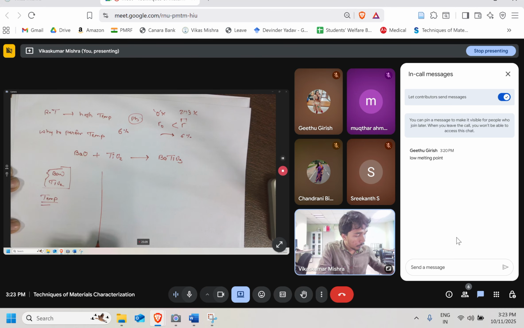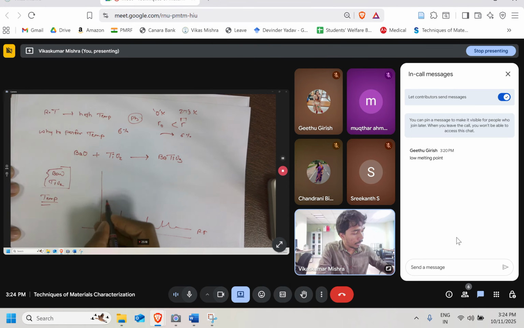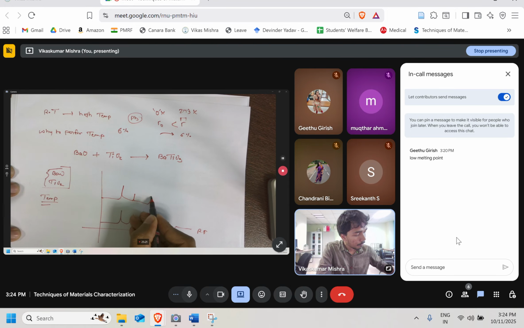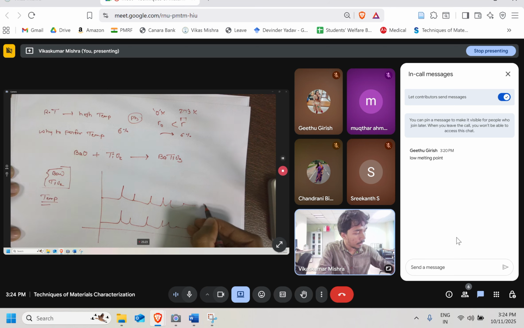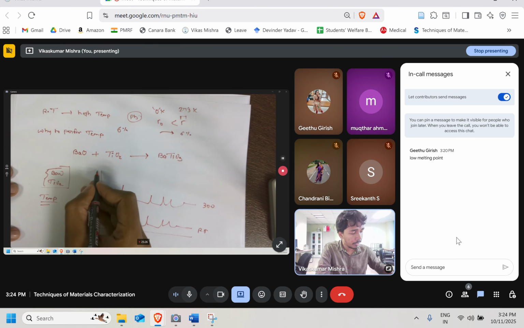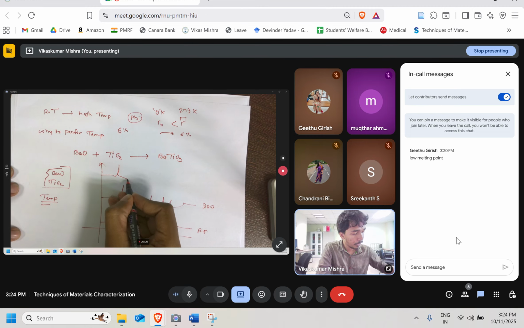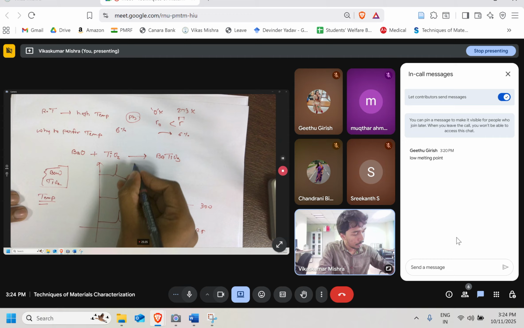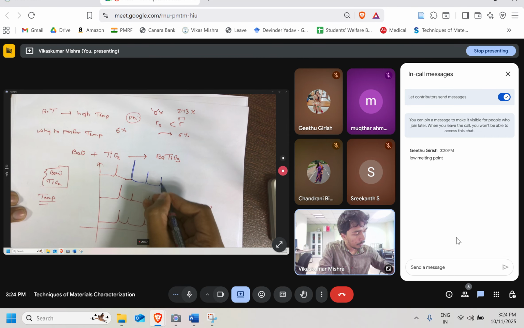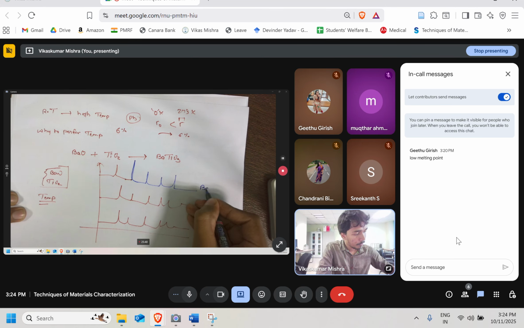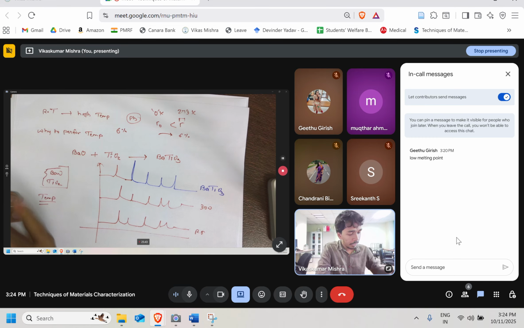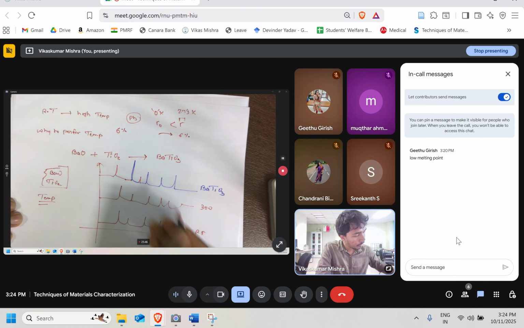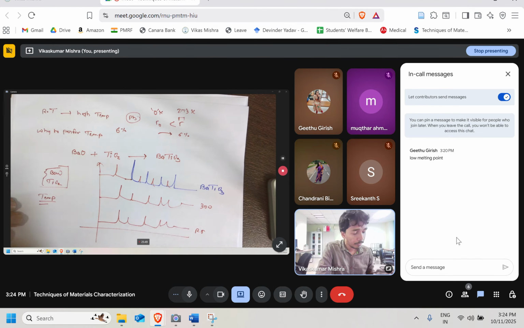In that way, you can take the XRD pattern. Let's say this is at room temperature. Now you can take the XRD pattern at, let's say, 300, or you can increase the temperature based on your step size. And you might find that at high temperatures you will see the peaks of BaTiO3, and some of the original peaks may still be there.